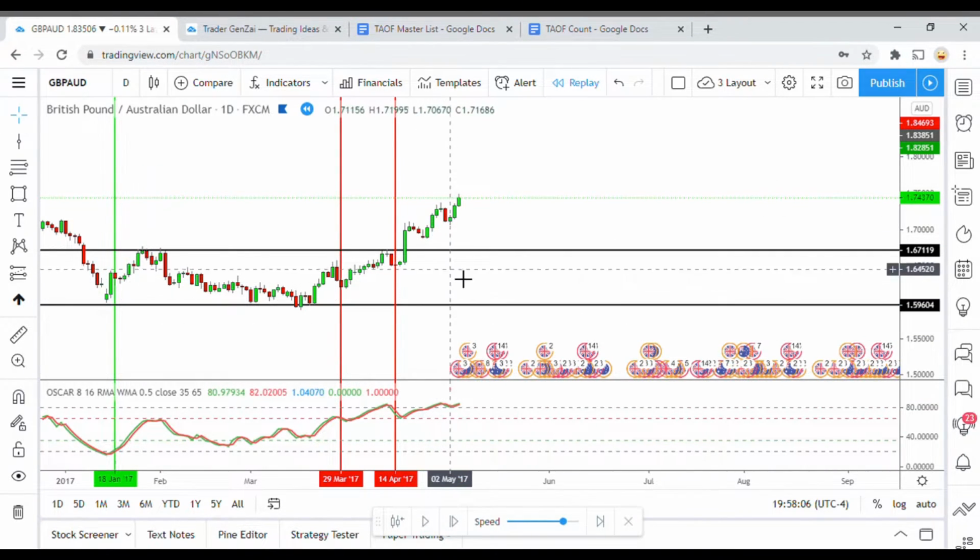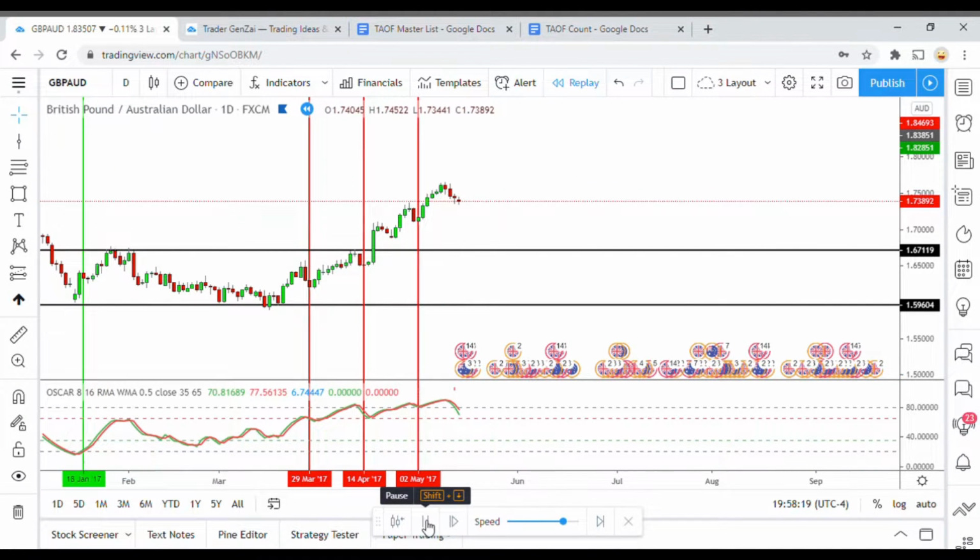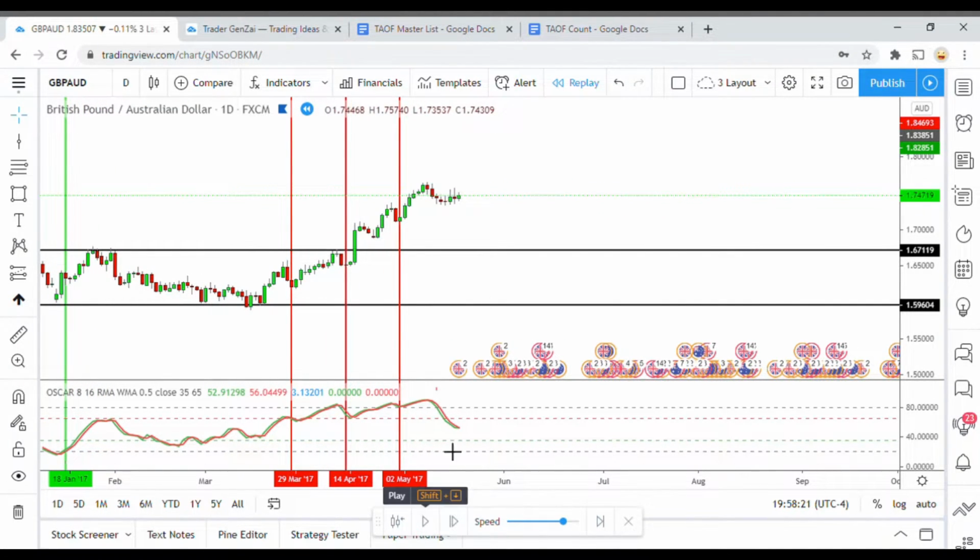Really stacked itself up into the overbought area. Let's see, we get another short signal right here, which does not work out for us again. Let's see what it's doing. Surely it's going to lose momentum at this point.